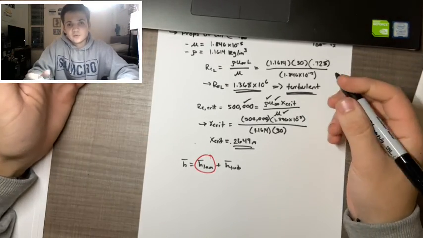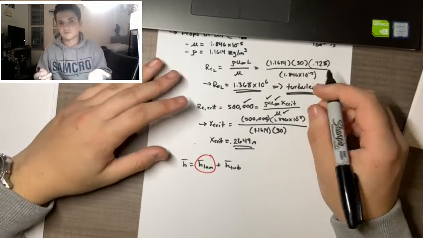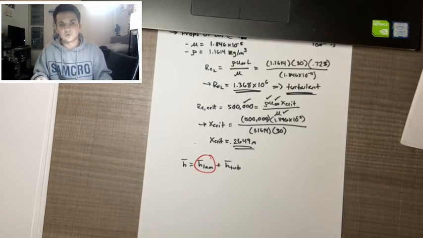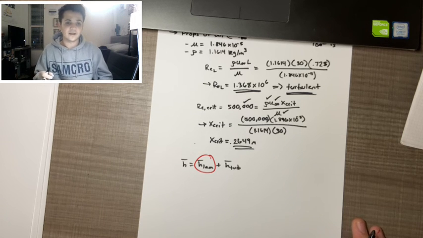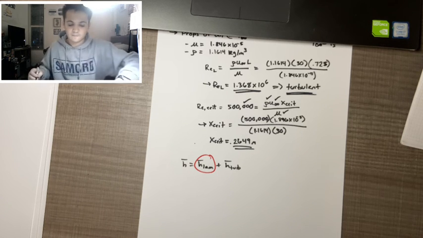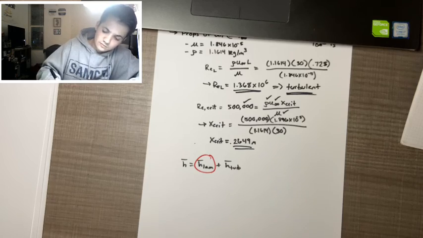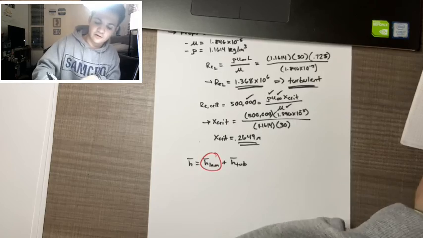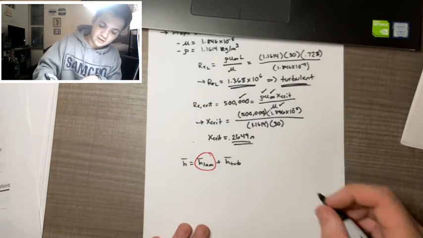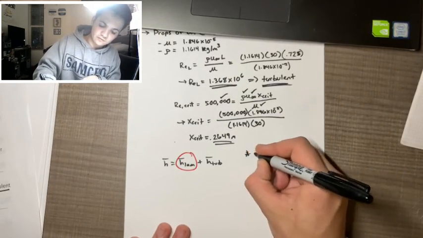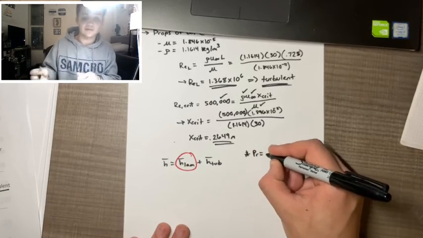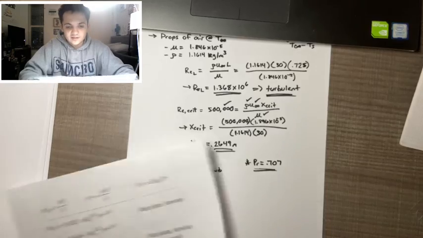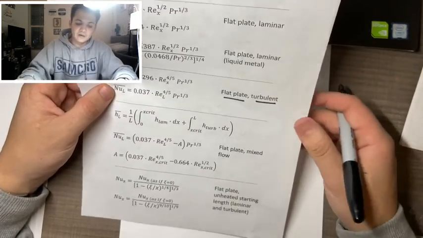We're going to use the critical Reynolds number of 500,000, because it's laminar up until the critical distance we just calculated. Also, our Pr from the table for this temperature of air is 0.707.